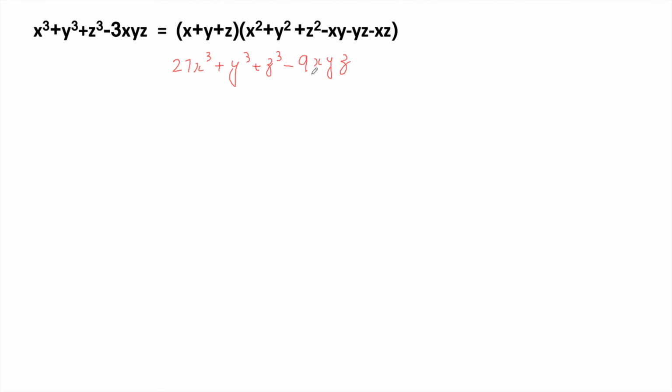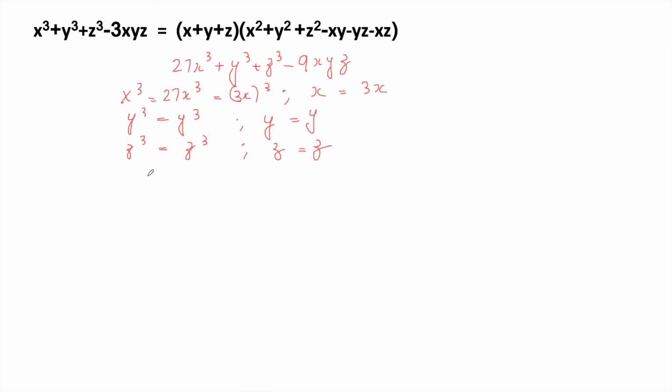So all these terms we should find out here. Our x cube, that is 27x cube. So we can rewrite it as 3x the whole cube, and x will be 3x. Y cube is here y cube only. Okay, so y is y. Z cube, that is also z cube only. So z is z. Then x plus y plus z we can write as 3x plus y plus z.